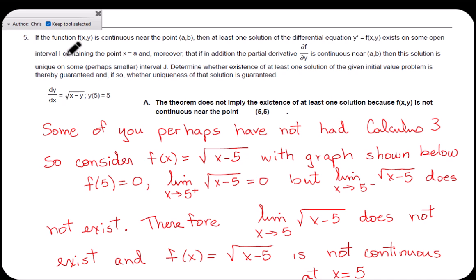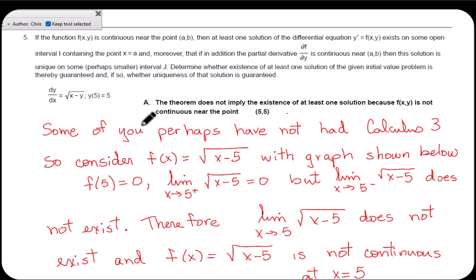It exists. And if the partial derivative near there is also continuous, then in that case your solution will be unique. All right, so the question is, given this situation, does a solution exist, and is it unique?